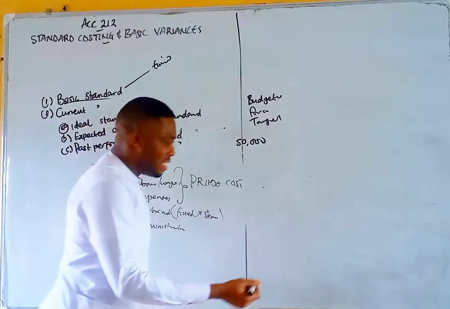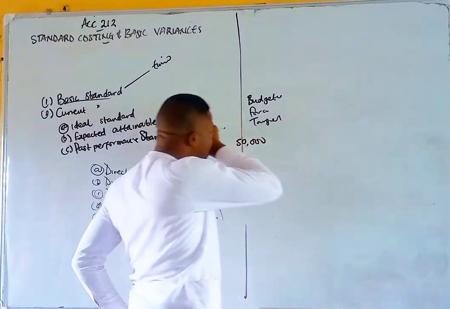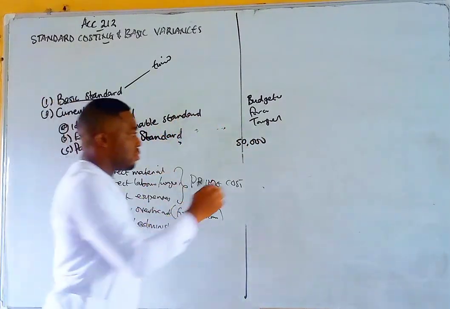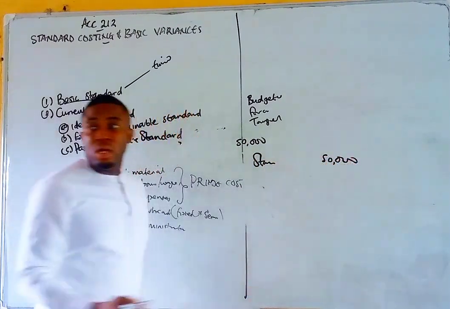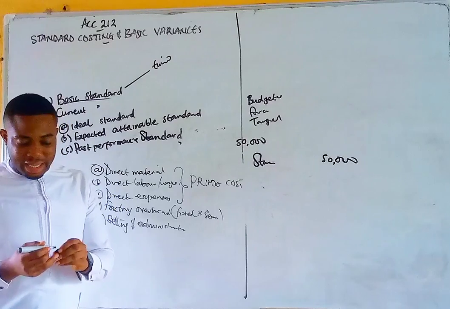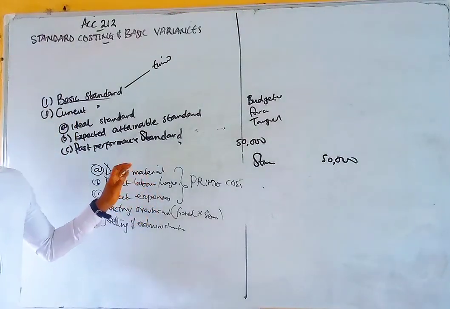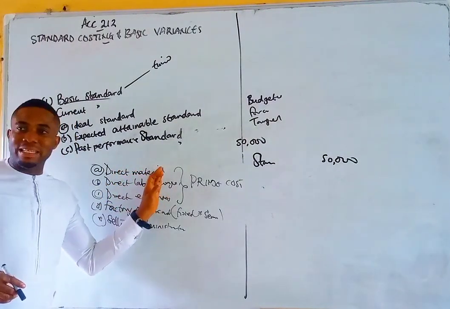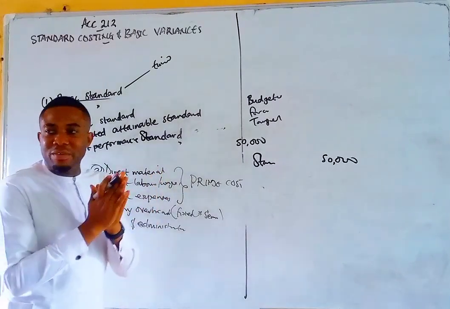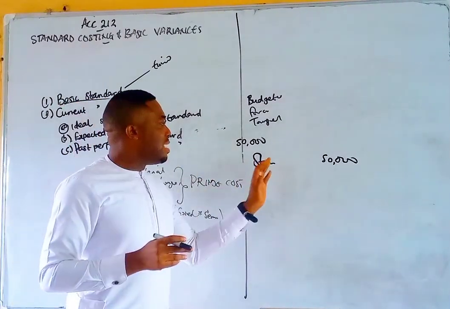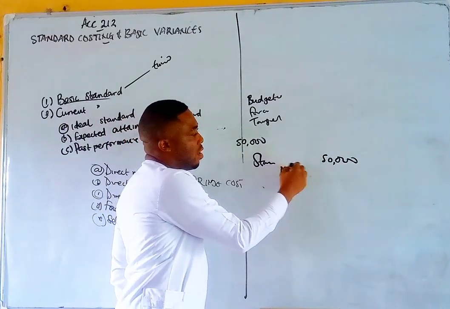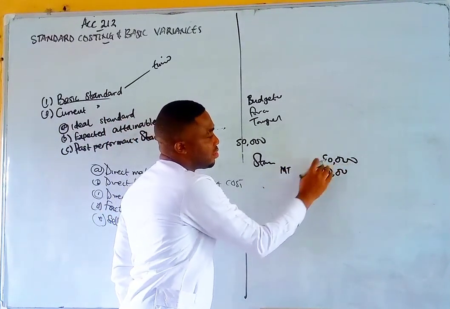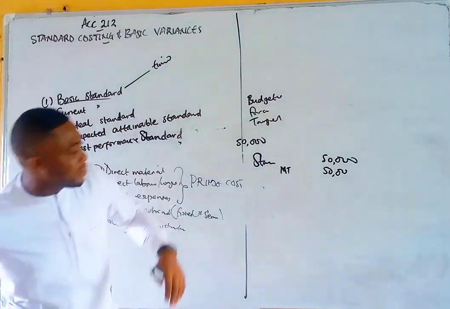And when I started, I said we can have a standard cost of 50,000. Now what it means is that after doing several analyses of all this, they determine that their standard cost, either for material, is 50,000. That is what they set as the standard.